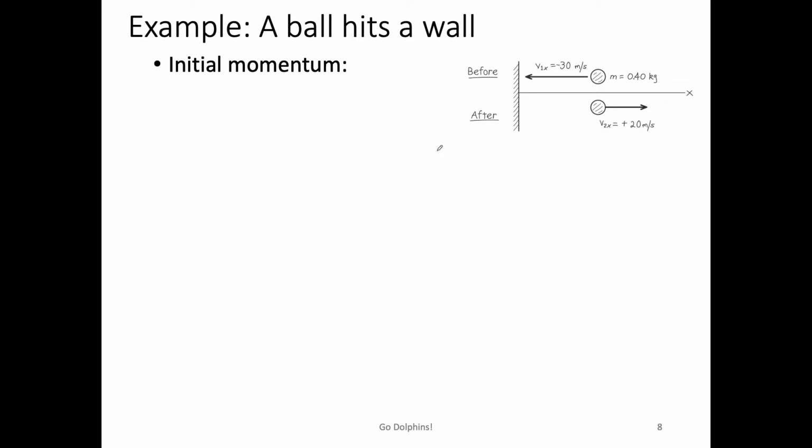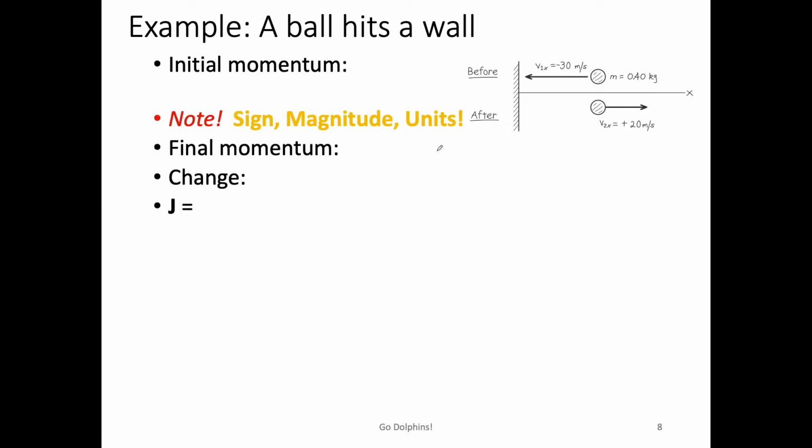Let's calculate the initial momentum of the object. It's m times the initial velocity, 0.4 kilogram, and the initial momentum is negative because p1 is pointing in the negative direction. Initial momentum is 0.4 times negative 30, so it is negative 12, and the unit is kilogram meter per second.